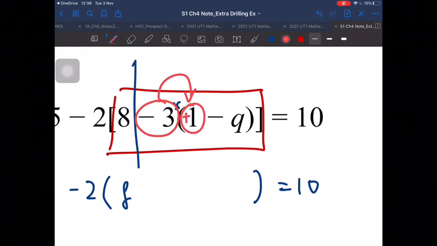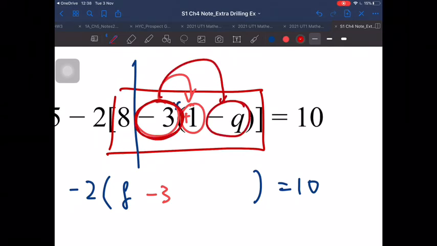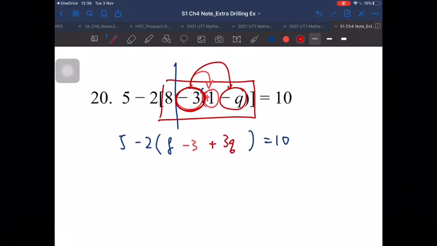This is positive 1, right? -3 times positive 1, negative should be -3. Next part, it will be -3 times the second term, which is -q. Negative will become positive. 3 times q, that means 3q.